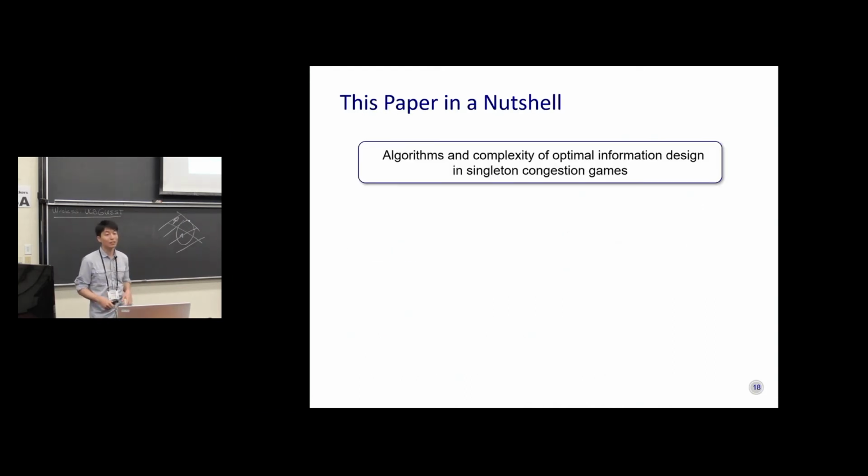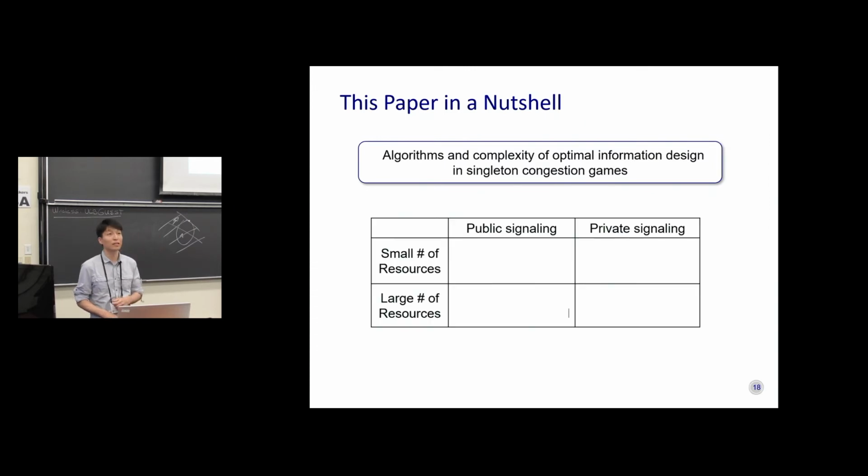Okay, next I'm going to describe our result. In a nutshell, this paper is about the algorithms and the complexity of optimal information design in singleton congestion games. Our result can be summarized by this table. We study both public and private signaling. It turns out that the number of resources matters a lot in this case. We show that when the number of resources is small, we have a polynomial time algorithm for both public and private signaling.